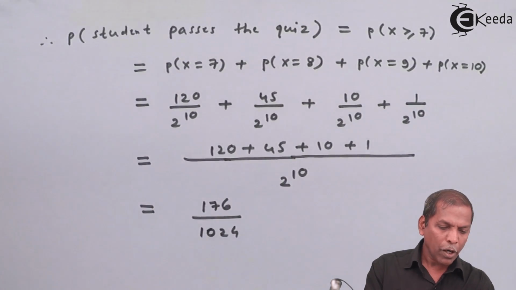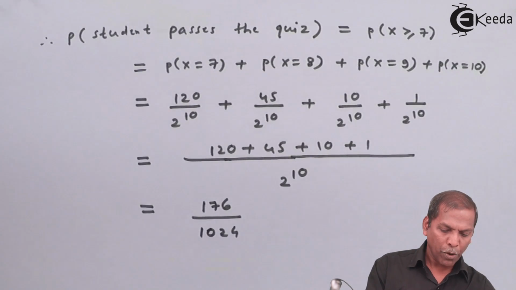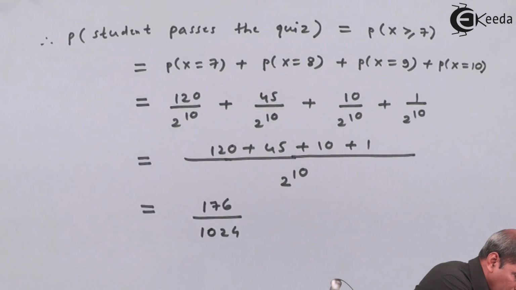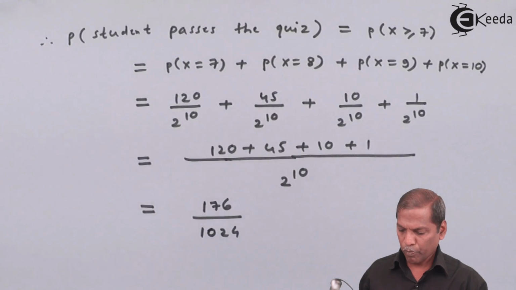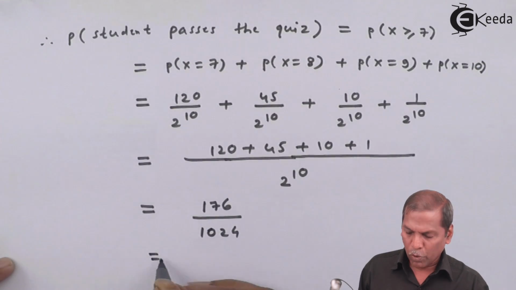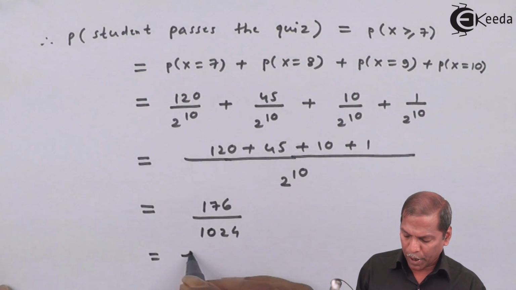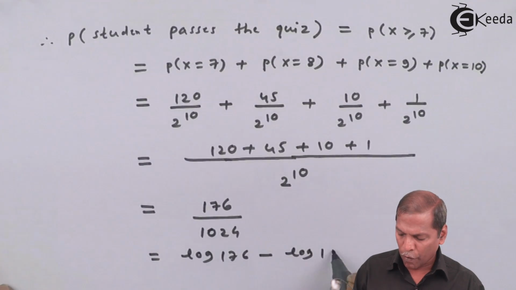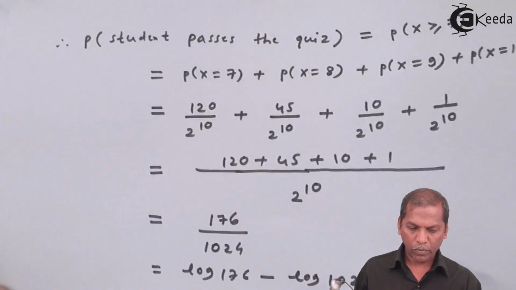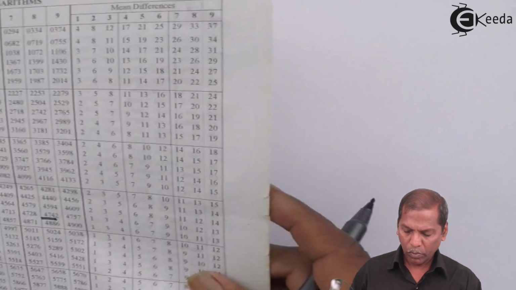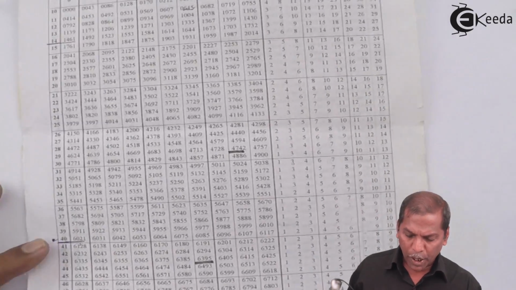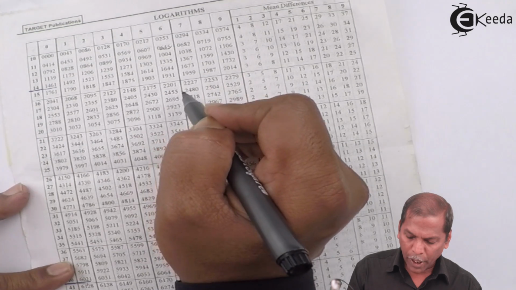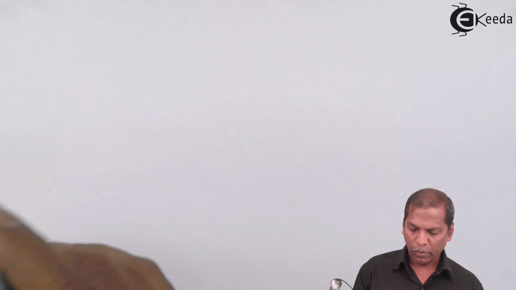Now here this calculation we have to do by using the logarithm table. So that equal to log of 176 minus log of 1024. Now log of 176, it means 17 under 6, so that gives 2455.